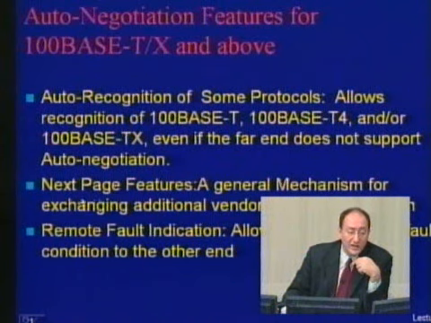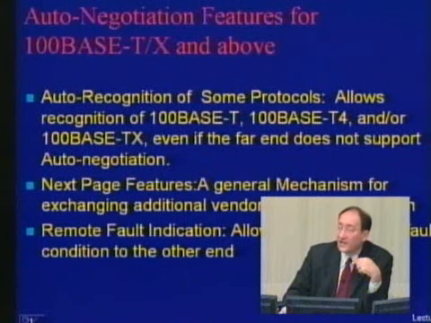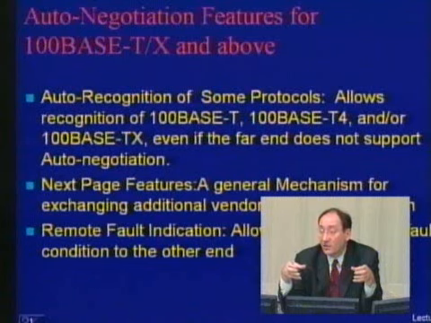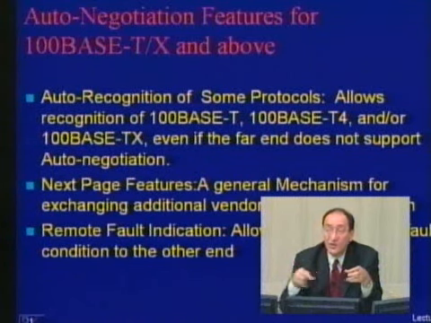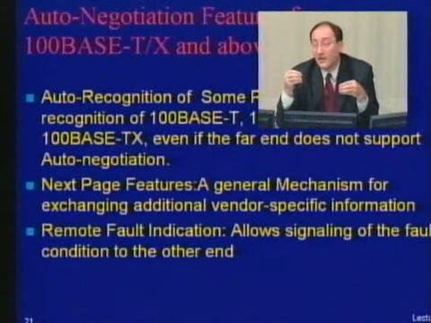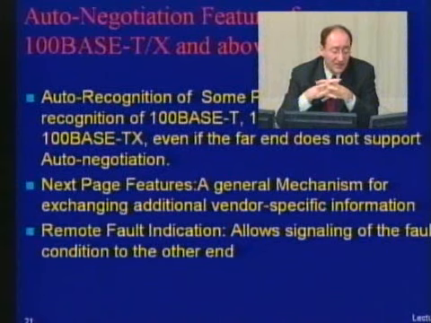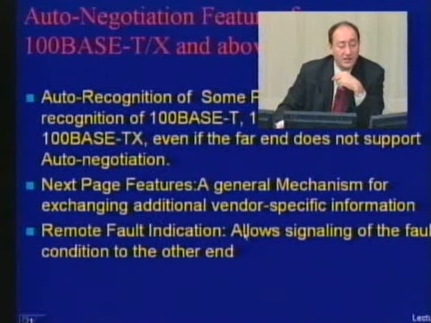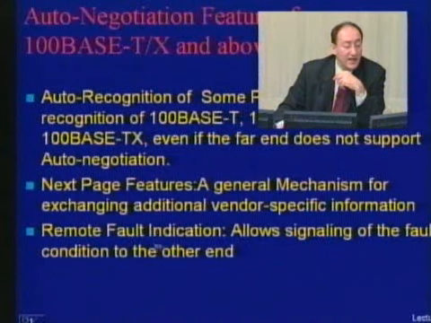But while they were doing that, they added some extra features. One is the so-called next page feature. That's a general mechanism that 2 terminals can talk with one another. 2 NICs can talk with one another and send more information back and forth, which is related to that particular manufacturer. Okay. Then they have another thing which they call remote fault indication. This is another layer of signaling that detects the fault conditions.